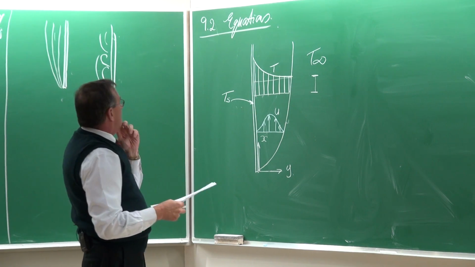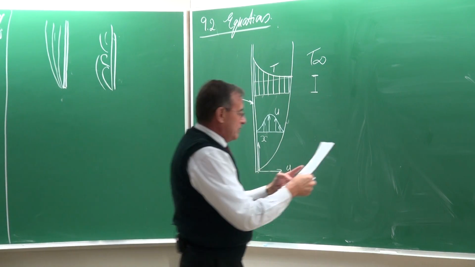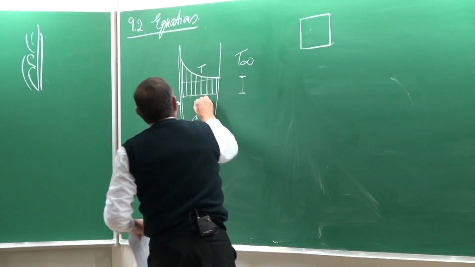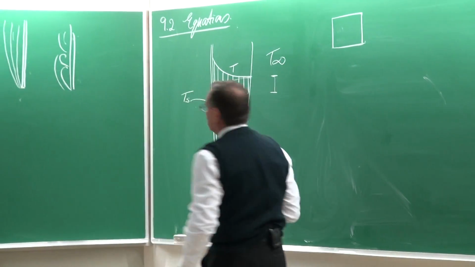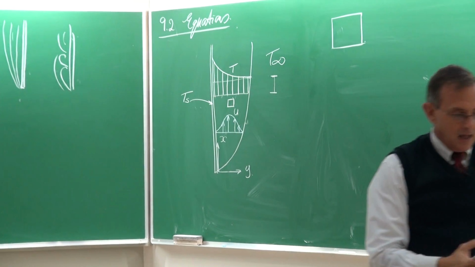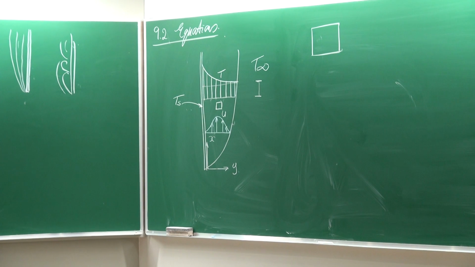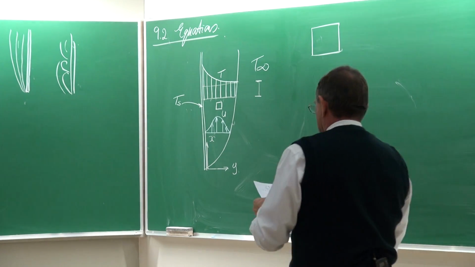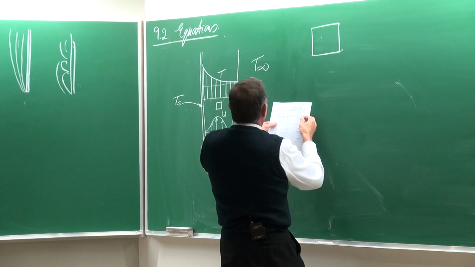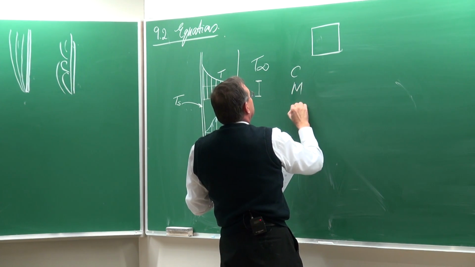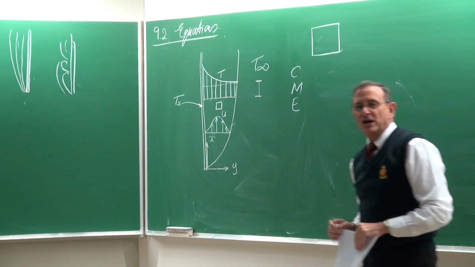Okay. Now previously, we've looked at a small block inside that boundary layer, and we have used the boundary layer equations to look at the sum of the forces, and we have also considered the continuity equation, the momentum equation, and the energy equation.